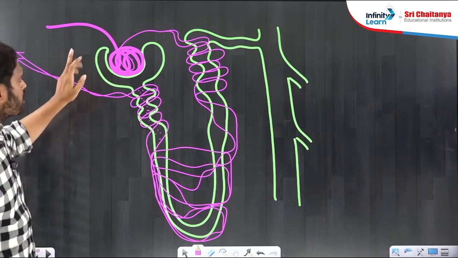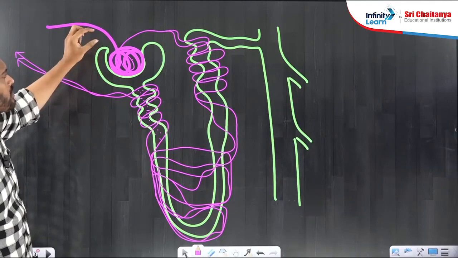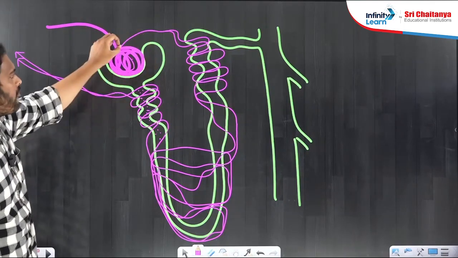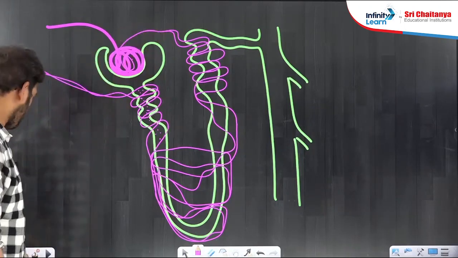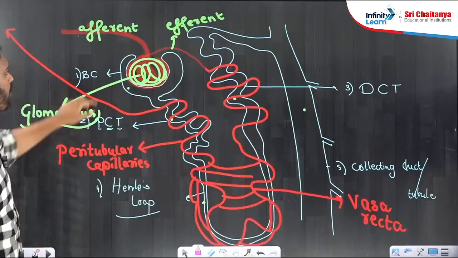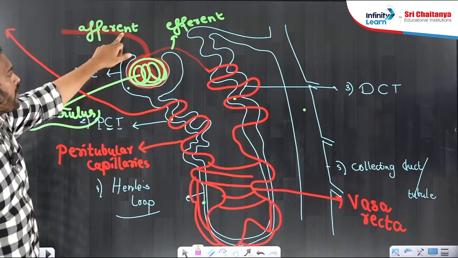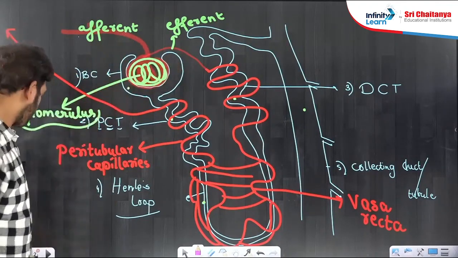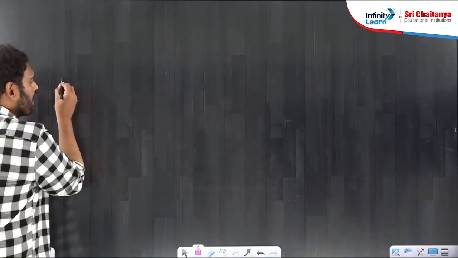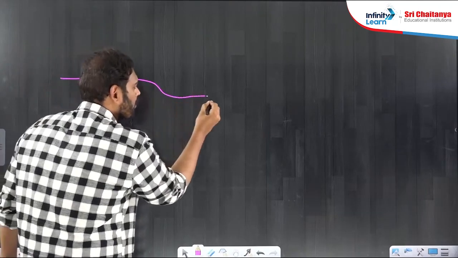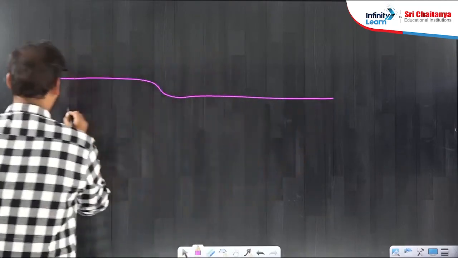Now tell me the difference. Afferent arteriole is a very thick, bulky, big tube, but efferent arteriole is very thin, depicted here also. Afferent has more diameter compared to efferent. You can imagine like this: afferent becomes efferent like this.